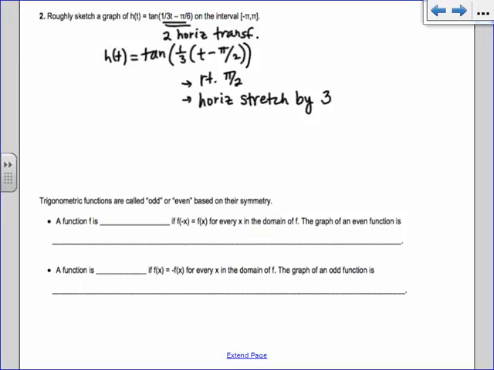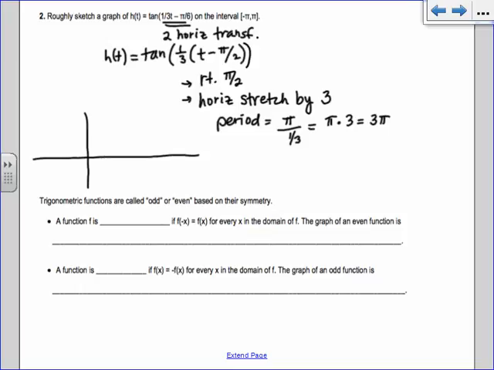This really isn't going to do too much, but it does adjust the period. Our period was usually pi, but now we're going to divide by 1 over 3, which is the same as multiplying by 3. So our period is now 3 pi. That makes sense, a horizontal stretch by 3. If our period was pi before, it's now going to be 3 pi.